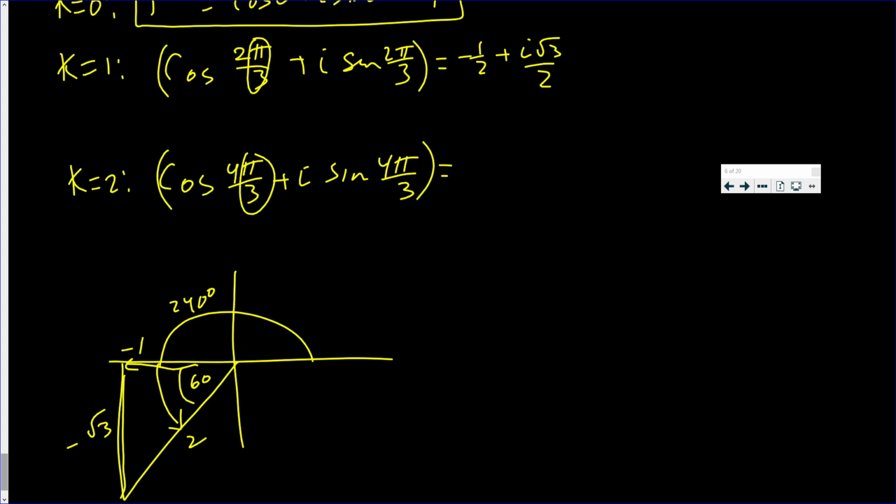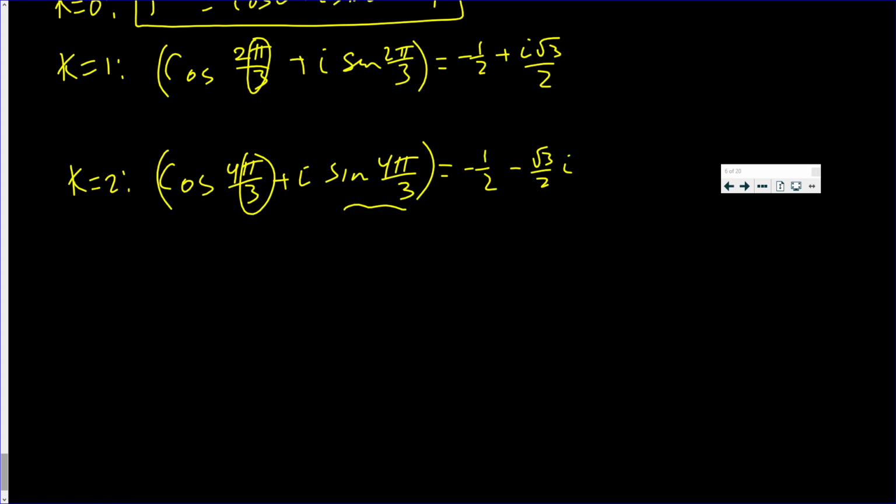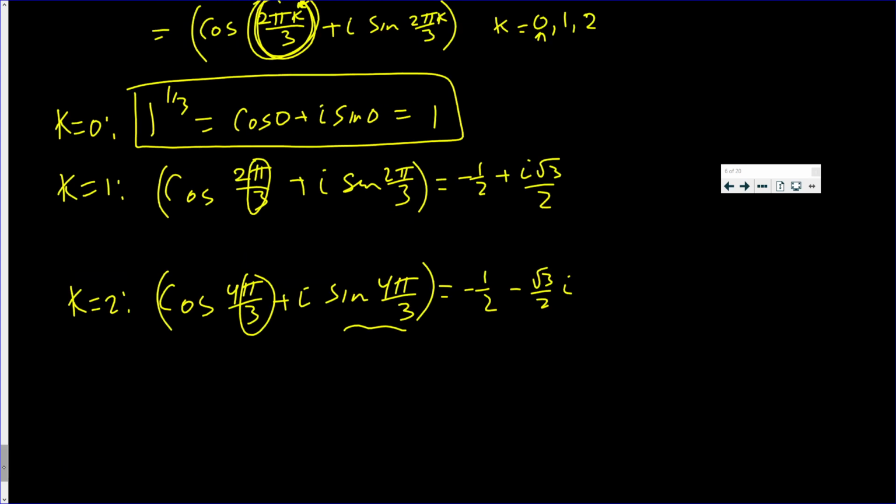The cosine of this angle is negative 1/2. The sine of this angle is minus square root of 3 over 2, so minus square root of 3 over 2 i. These are the 3 roots of 1. The cube root of 1 has 3 answers.